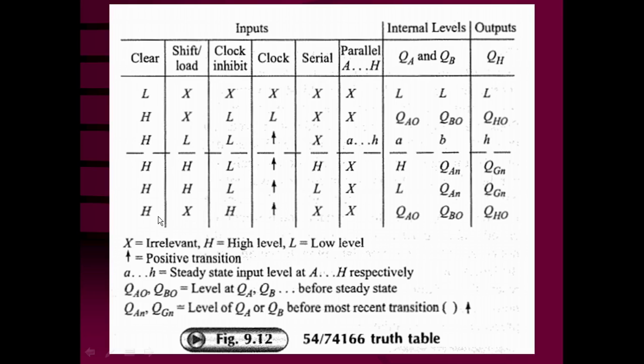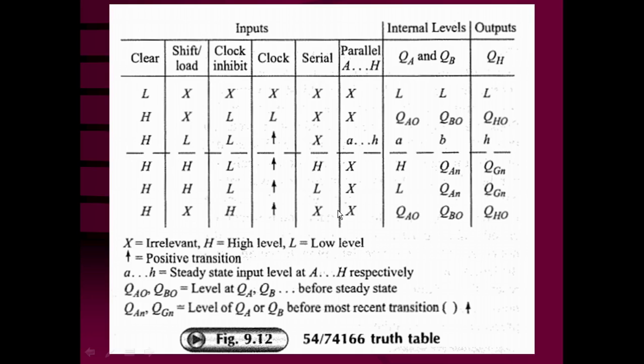And the last entry, you can see that the clear input is going to be high, that is inactivated. Shift load control may be anything, but clock inhibit is going to be high. That means the NOR gate will stop passing the clock pulse. So the clock pulse will not pass through the NOR gate. That means the clock pulse will not be available to all the flip-flops.